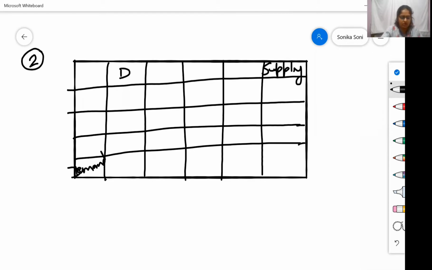We have destination 1, destination 2, destination 3 and destination 4. Here we have factory 1, factory 2 and factory 3.